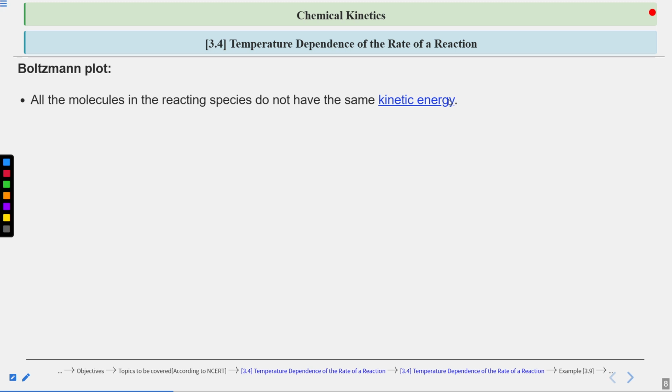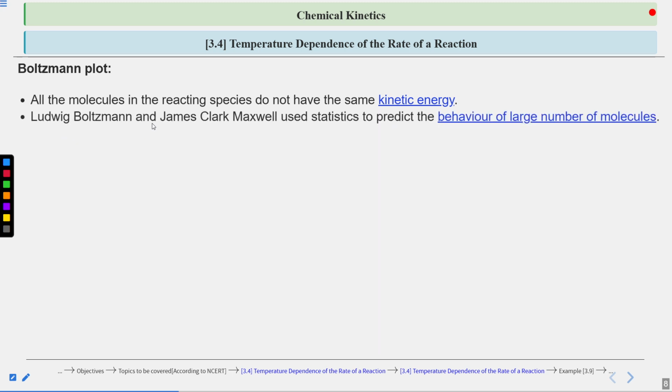The product can also be more than one. The reacting species means the reactants which are reacting together, and it is not necessary that they have the same kinetic energy. Every reactant in the reaction does not necessarily have the same kinetic energy.